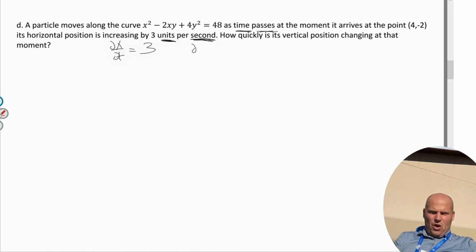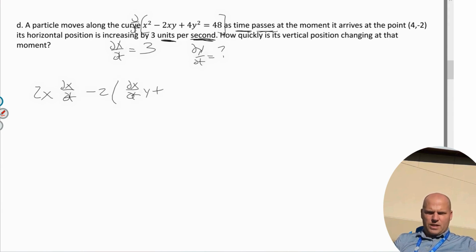So this is all of your indications that we are talking about dt. So we're going to take the derivative of our original curve with respect to t to see how things are changing if time is involved. So I get 2x dx dt. Now I'll have that minus 2, and I'll use the product rule, where I get dx dt y plus dy dt x. You could bake in the negative 2 as well into the product rule.